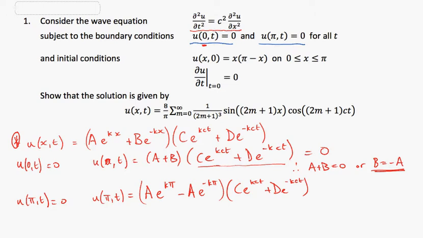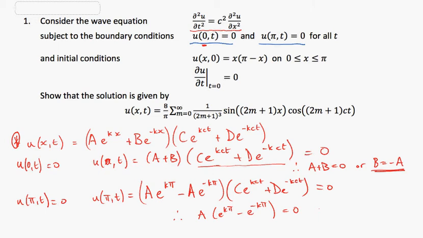So again, either the second bracket is 0, or the first bracket is 0, so we must have a times (e to the k pi minus e to the minus k pi) equals 0, but unfortunately that doesn't have any solutions. There are no values of k that we can put in there.